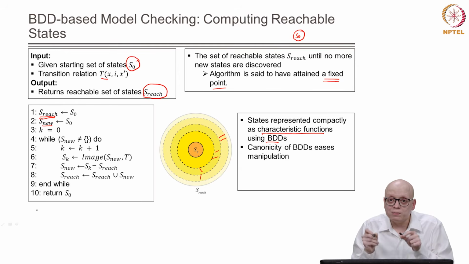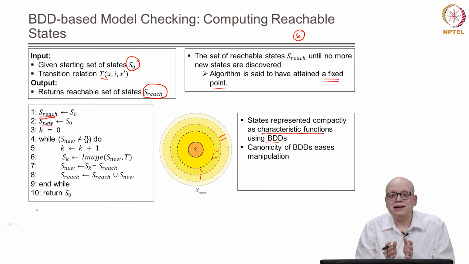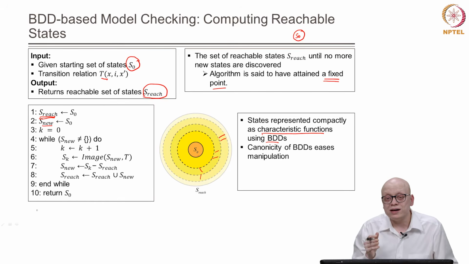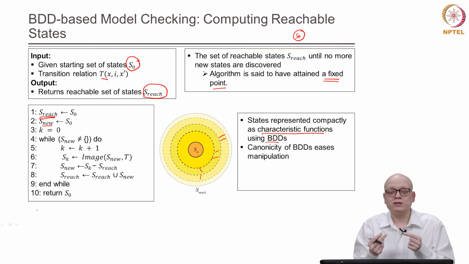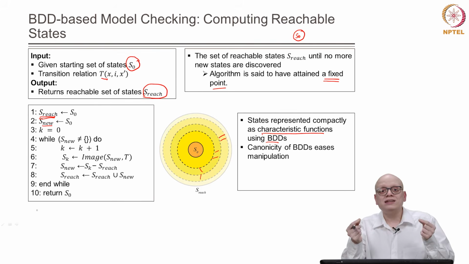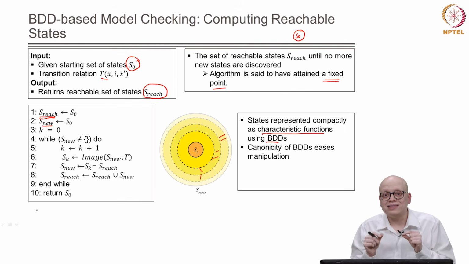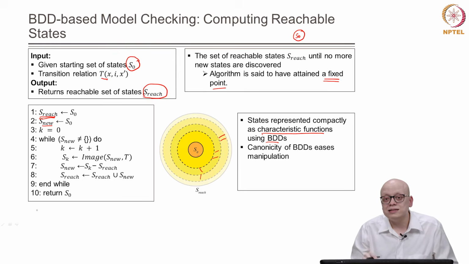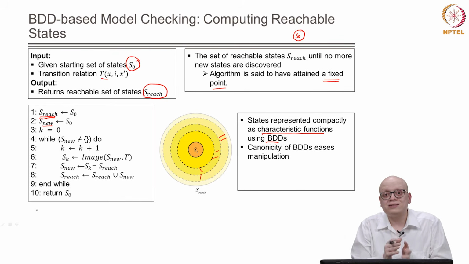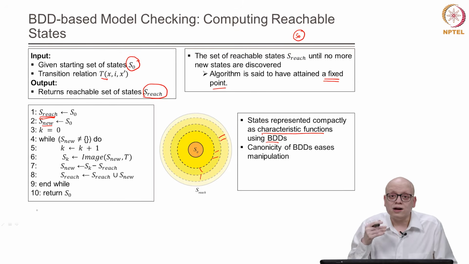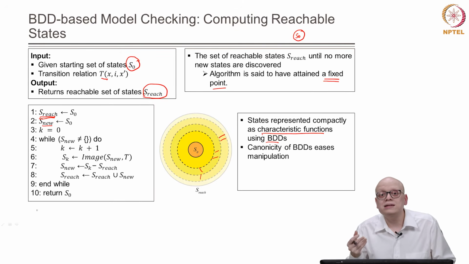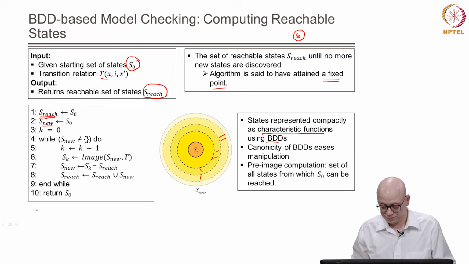Also, since we are using BDDs, comparing sets and performing set operations, or comparing two functions, becomes very easy. Why? Because BDD is a canonical representation. If two functions are equal, their representations or their pointers will also be equal, right. That is why symbolic traversal of sets of states using BDDs is efficient.